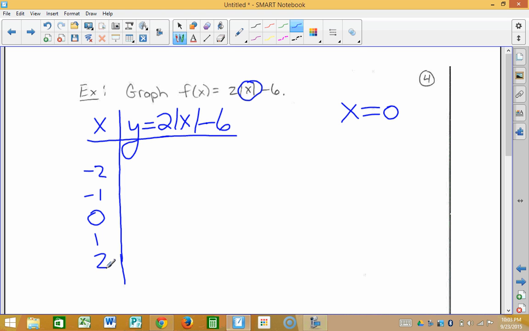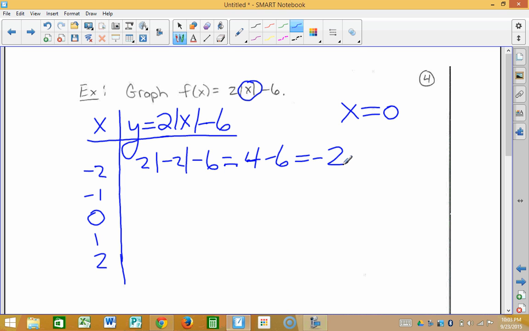So we have 2 times negative 2 absolute value minus 6, or we end up with 2 times 2 minus 6, which is 4 minus 6, or negative 2. We plug in negative 1.